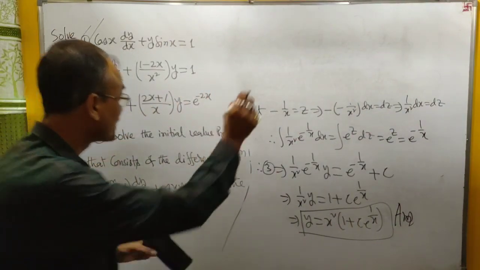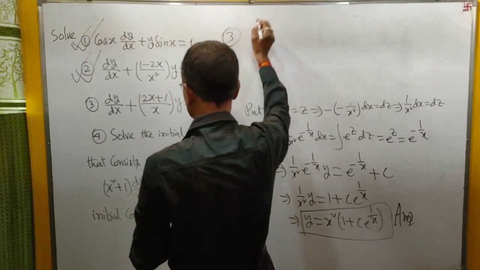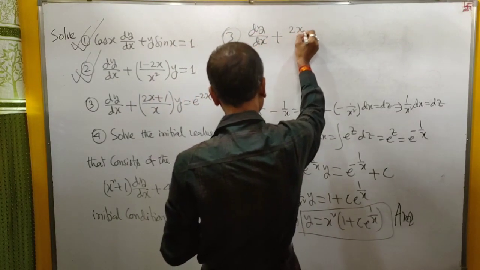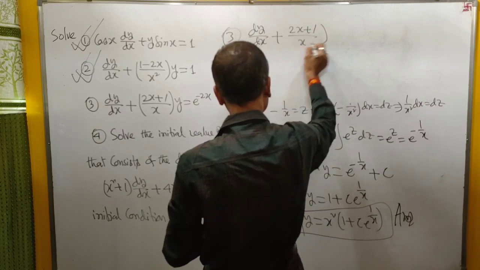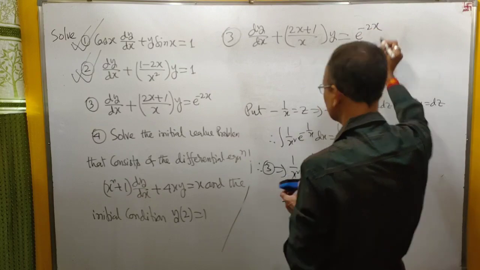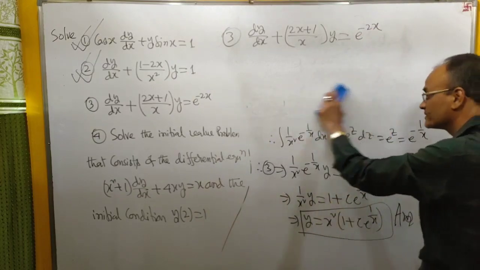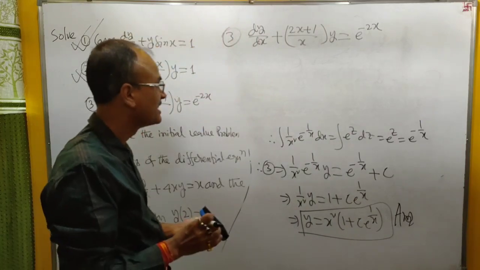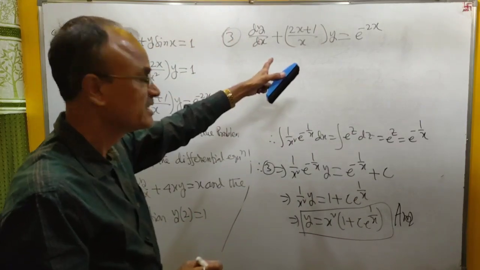It is of the form this. Number 3. The differential equation 3 is dy by dx plus (2x plus 1) divided by x, y equal to e to the power minus 2x. This is linear.